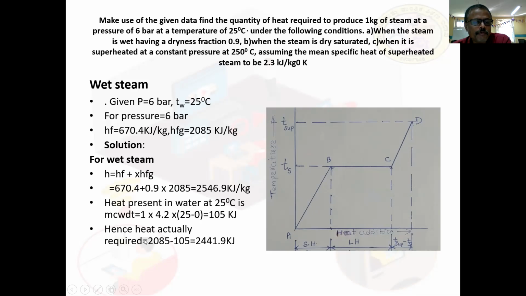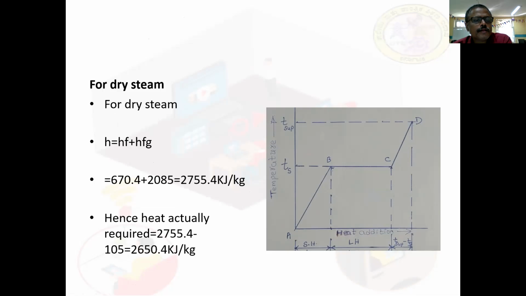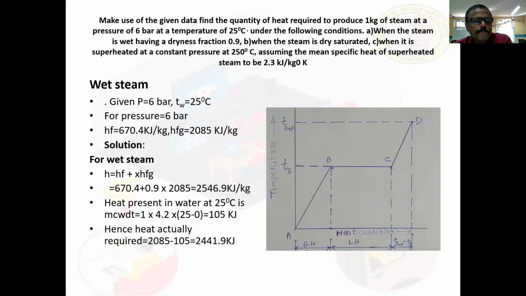Hence, the heat actually required for us to convert into wet steam, that is 2546.9 from the calculation, minus this 105.